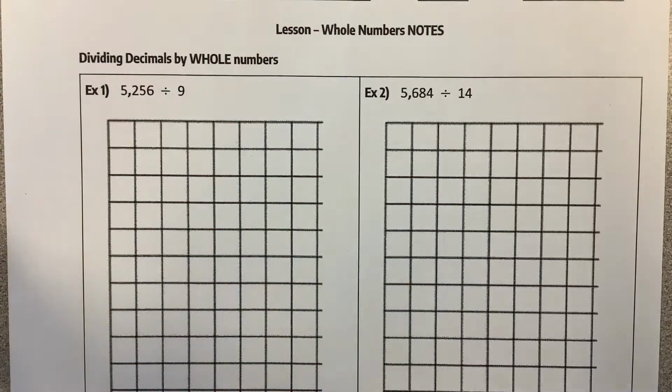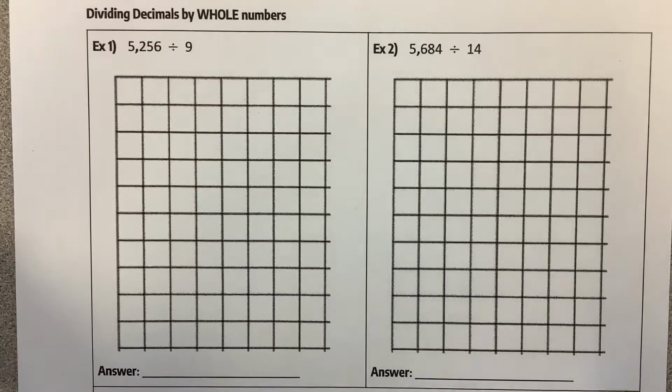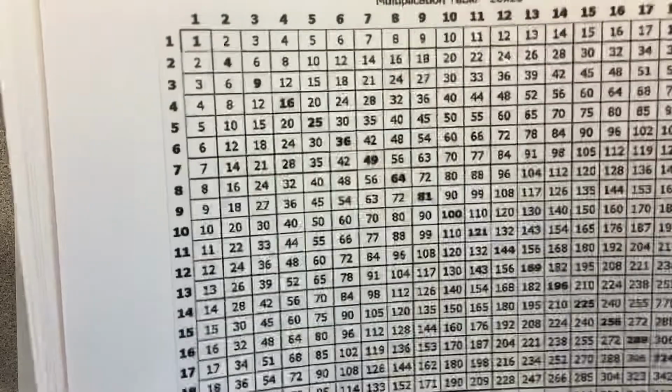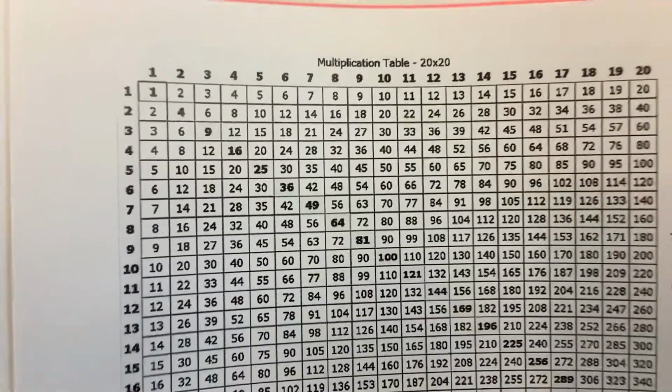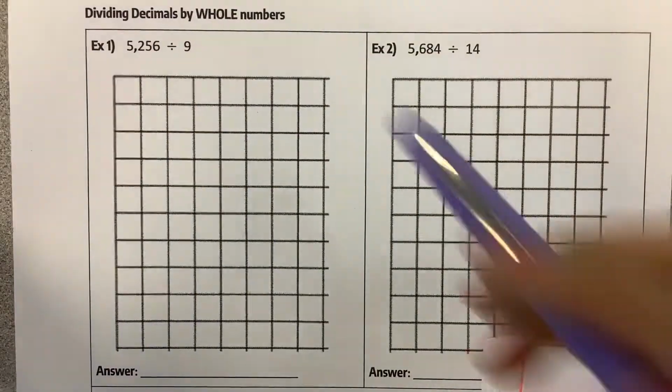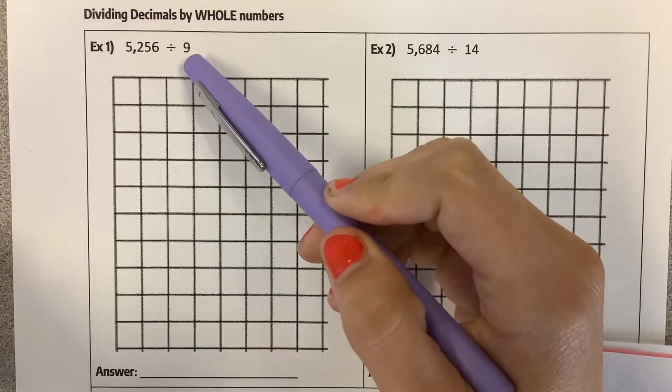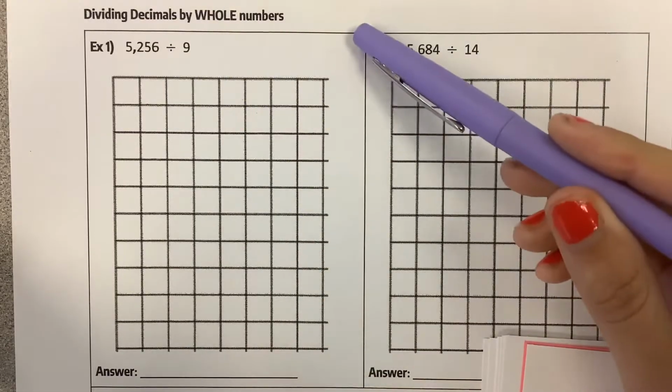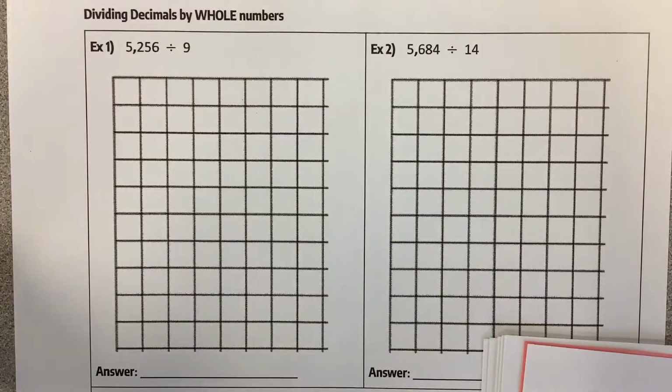For this lesson, we are going to do a review of dividing whole numbers. So, when we are doing long division, you should have your resource packet out so that you can have your multiplication chart open and ready to help you. What I like to do, even if I have my multiplication facts memorized, is write out the multiplication facts for the number up through 9 on the side.